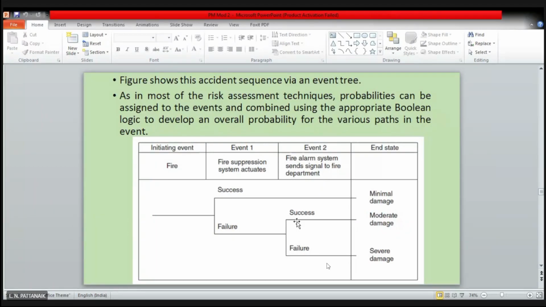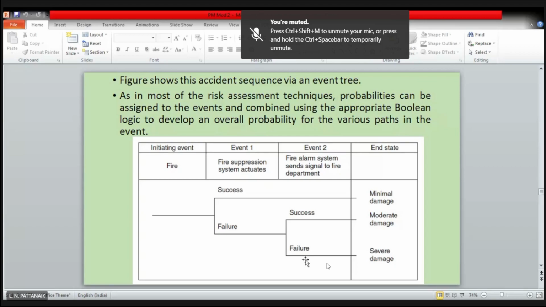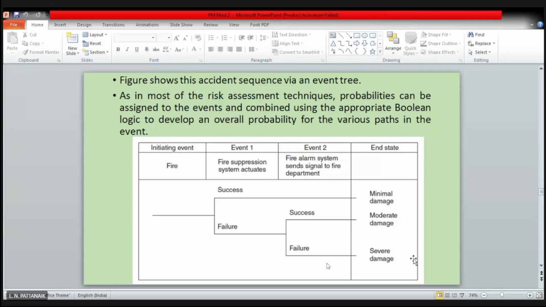If that happens, there will be damage, but the end state will be moderate damage, because it will take some time, and within that time there is moderate damage to your plant. And if the second system also failed, then there will be severe damage.